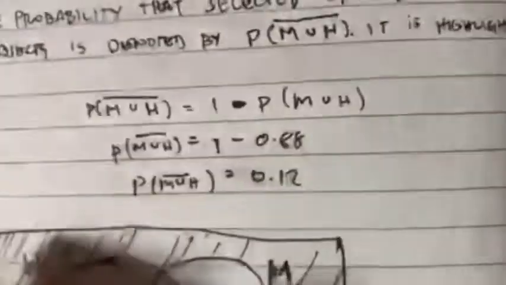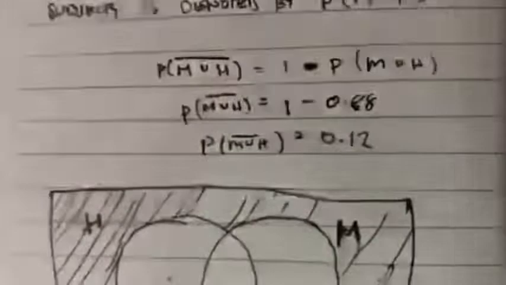So 1 minus 0.88 is 0.12. So our P of the complement of M union H is equal to 0.12. So that's it.